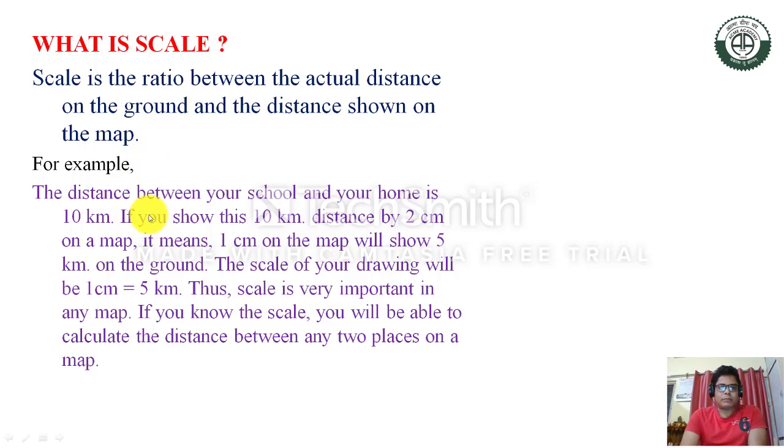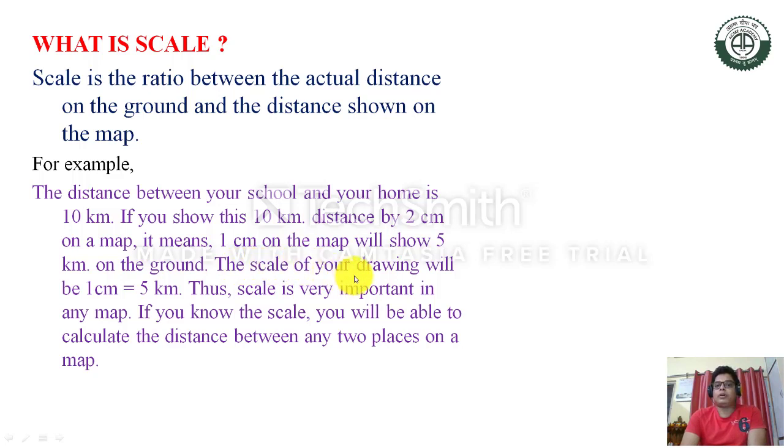Next, for example, the distance between your school and your home is 10 kilometer. If you want to show this 10 kilometer on your copy, it is impossible. So we show it by 2 centimeter on the map. It means 1 centimeter on the map will show 5 kilometer on the ground.